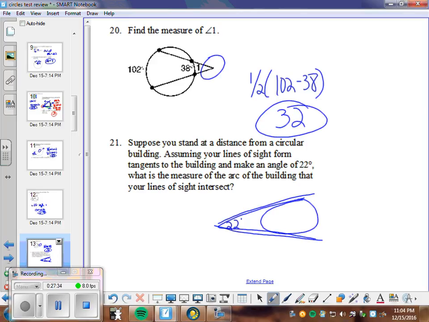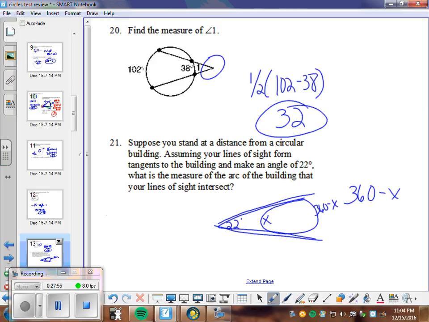Okay, so this is where you have x, so it'll be 360 minus x for this part. So 360 minus x minus x.